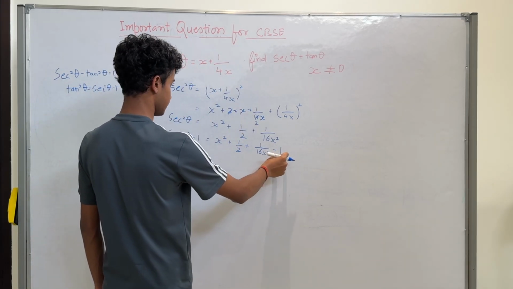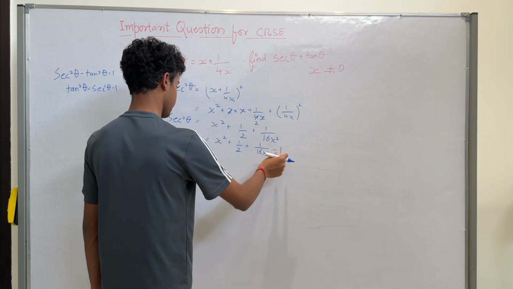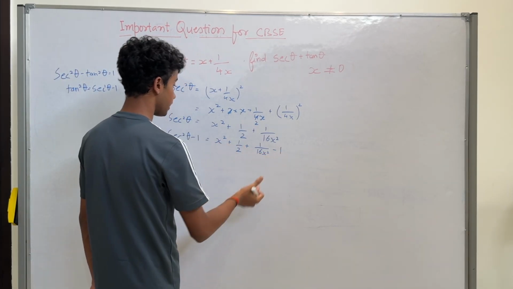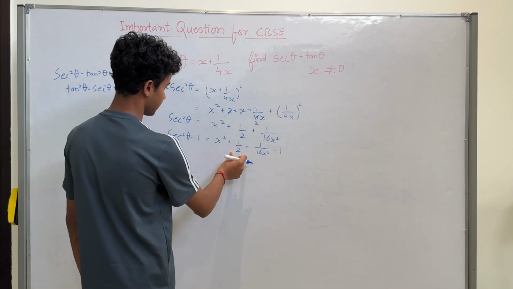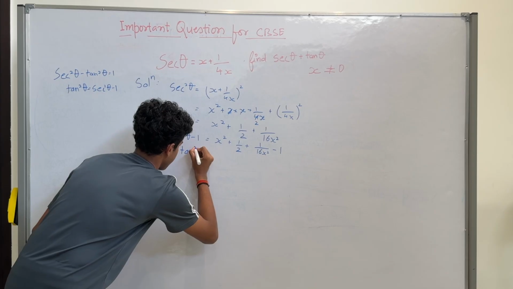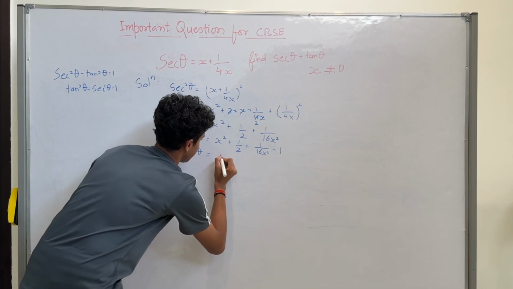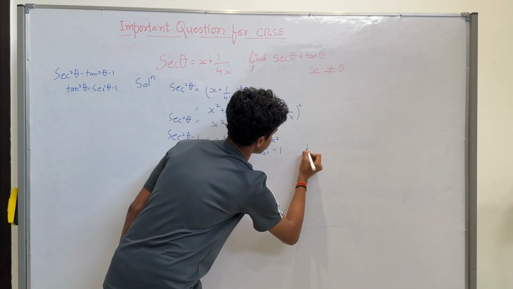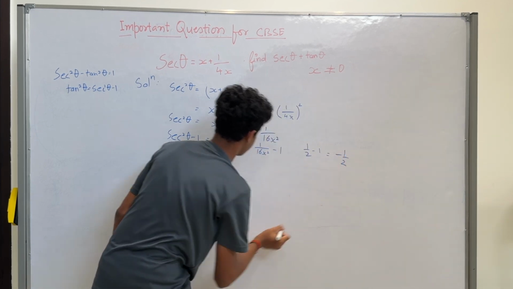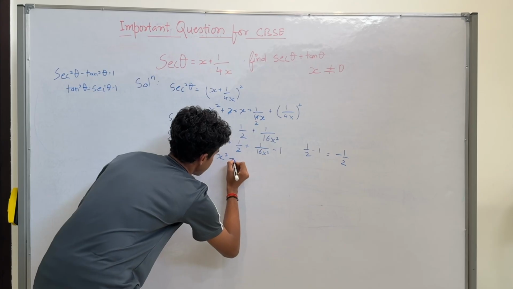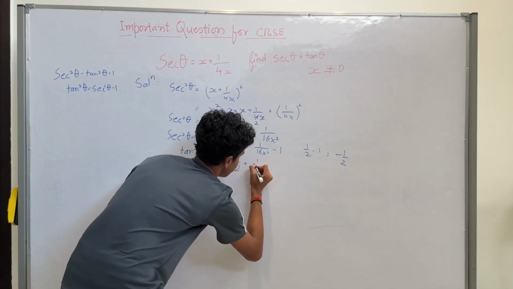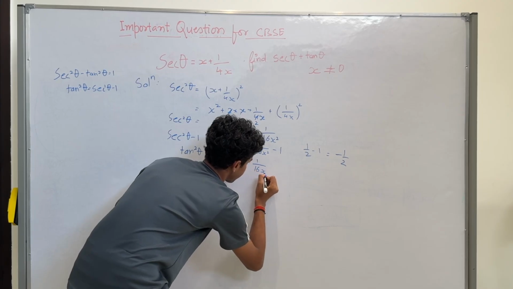Since this 1 is an integer, it can only be subtracted from this 1 by 2. It can't be subtracted from the others as they have variables, and it will make sense to subtract it from this term. We'll write this as tan square. Cool. And then 1 by 2 minus 1 is minus 1 by 2. So write it there, x square minus 1 by 2 plus 1 by 16 x square.